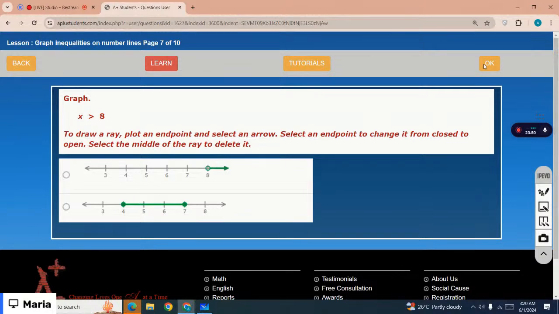Okay, graph x is greater than 8. So which is the correct option? Yes, that is option number 2. 8 is not included because x is greater than 8 but not equal, right?